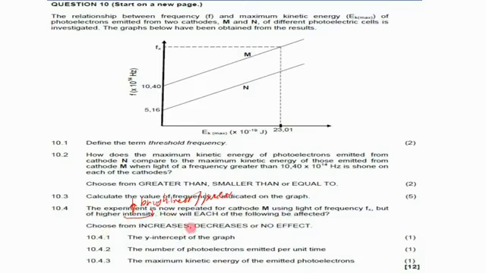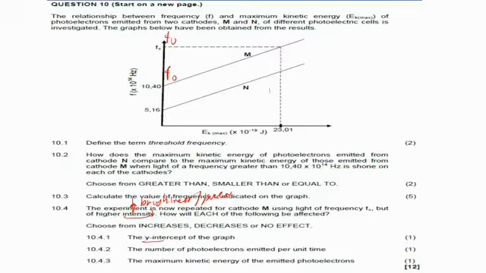They say choose from increases, decreases, or no effect. Then 10.4.1 says how will the y-intercept be affected? Remember, we said that the y-intercept in this graph is actually indicating the threshold frequency, right? So what will happen to the threshold frequency of the light if we use a light of higher intensity?